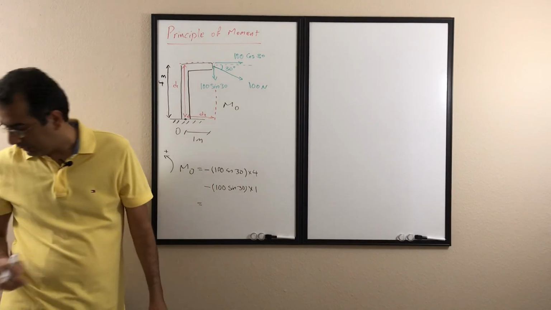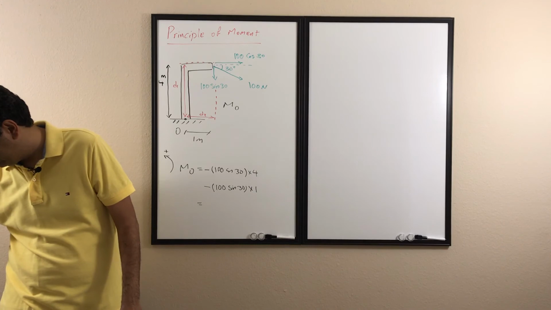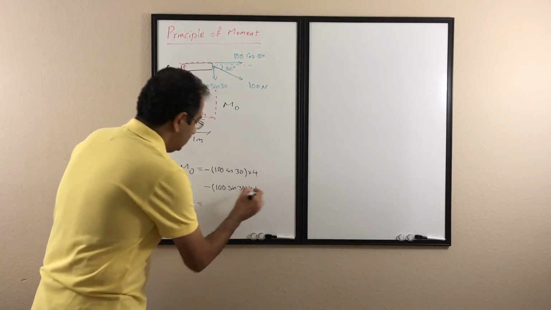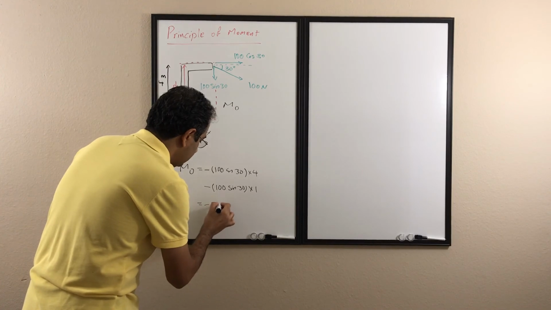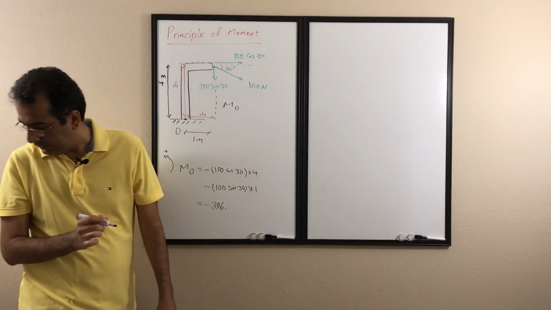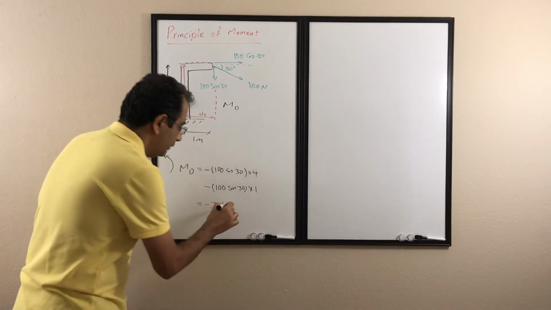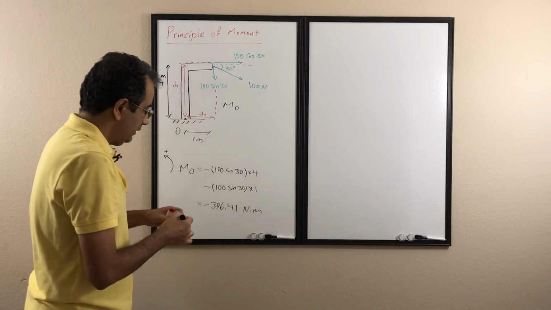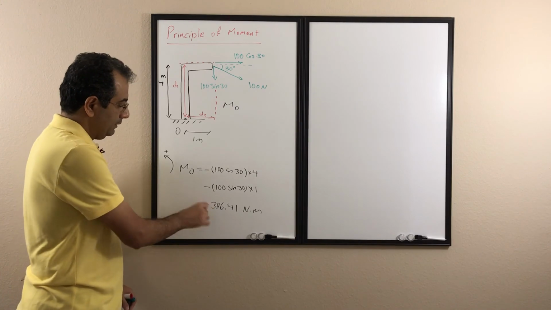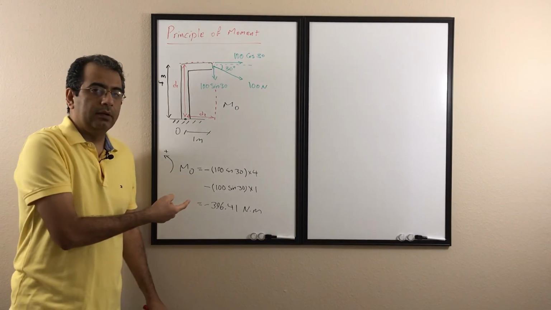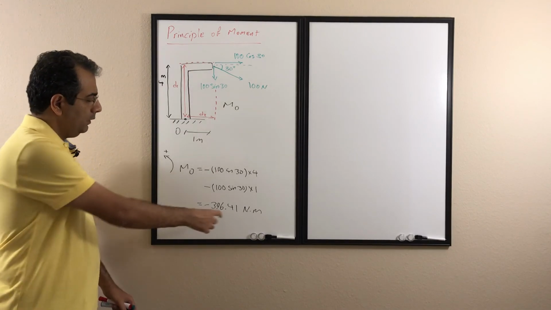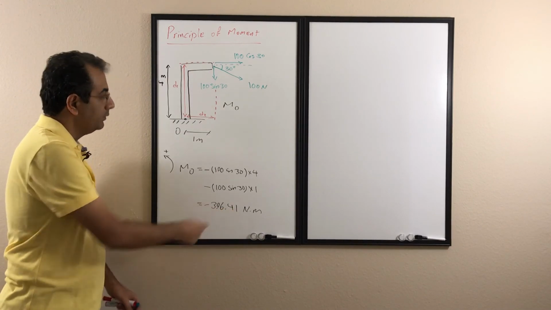If we do the calculation, we're going to get 396.41 Newton meters, and the negative means that the rotation is clockwise, and that's the magnitude of the moment.